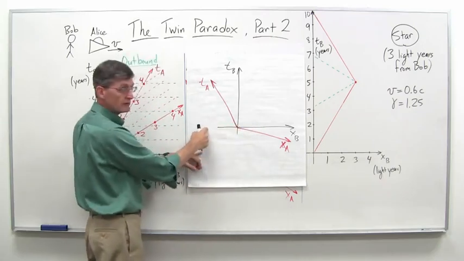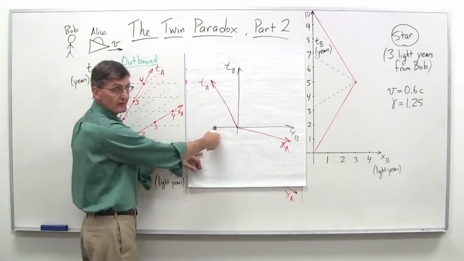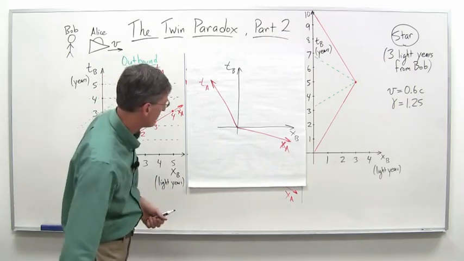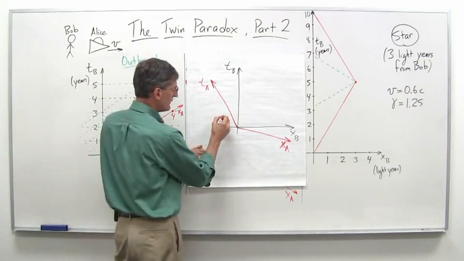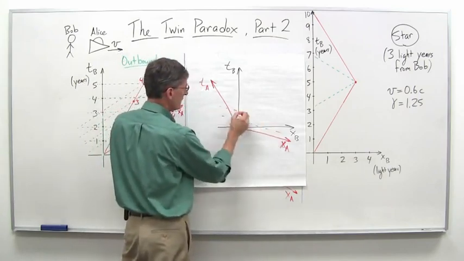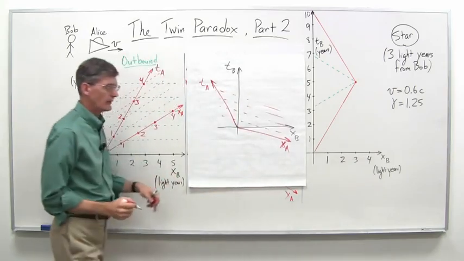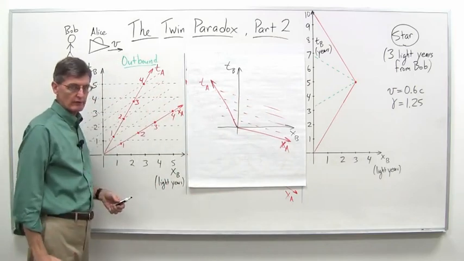Clearly, it's moving to the left on the x-axis. As time goes on, its x value is increasing negatively there. And then the lines of simultaneity, if we put those in, again, are always parallel to the x-axis. And so just roughly speaking, the lines of simultaneity are going to look something like that. And Bob's are still going to be the horizontal lines.